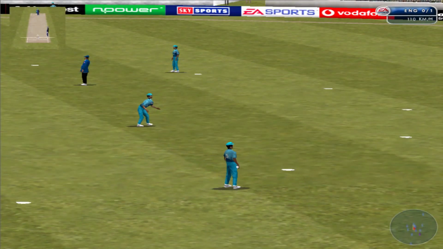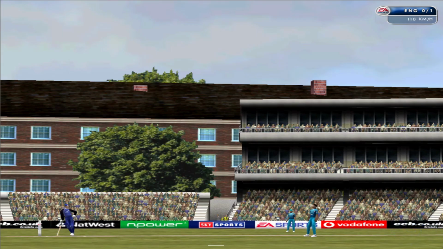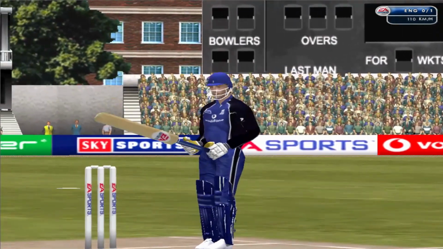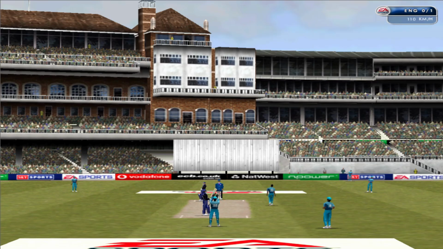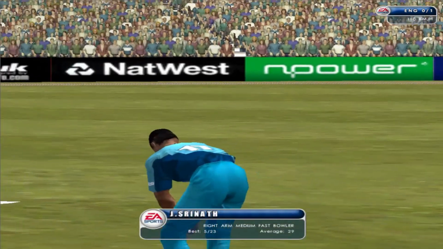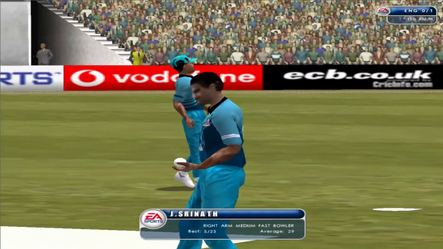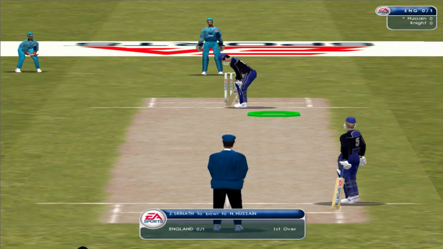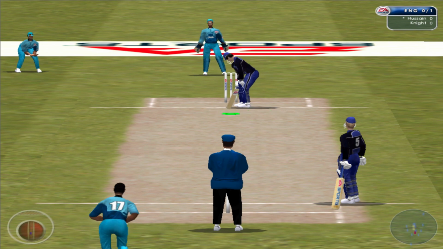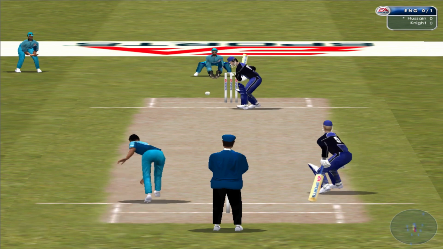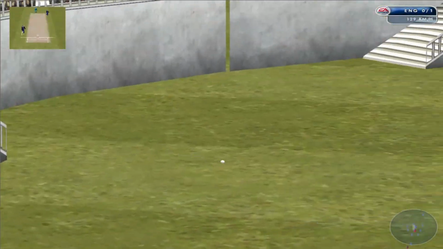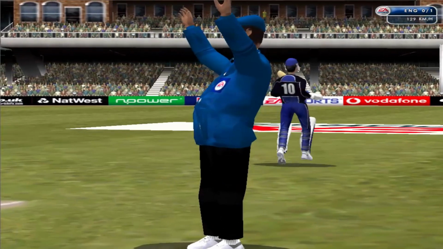It's straight to a fielder. That's cleared the rope. 6 runs. He smashed that a long way.